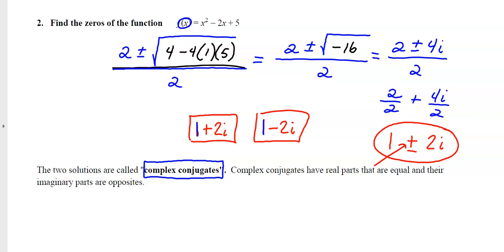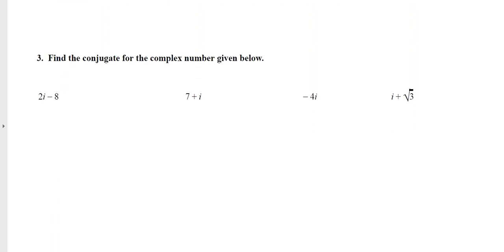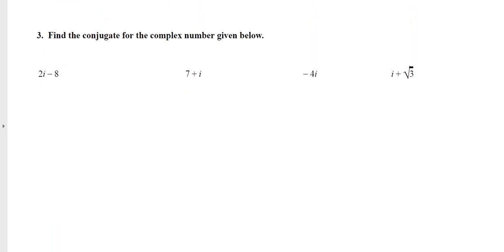You get into this a little more in pre-calc, but the big thing is knowing that they come in pairs. You're never just going to have one of them. They always come in pairs, and you should be able to find the conjugate if you're given one of them. So for instance, if I have 2i minus 8, the first thing I want to do is rewrite it normally. So I'm going to do the real part, and then the imaginary part.